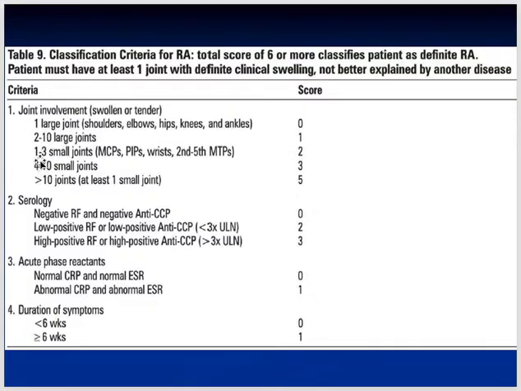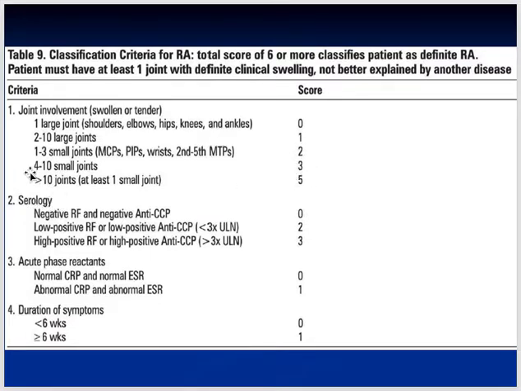But 1 to 3 small joints, metacarpophalangeal, proximal interphalangeal, wrist, or second to fifth metatarsophalangeal joints, 2 points. 4 to 10 small joints, 3 points, and more than 10 joints with at least one small joint, 5 points. Guys, how much do we want? We want 6. And see, 4 to 10 small joints give you 3 points.